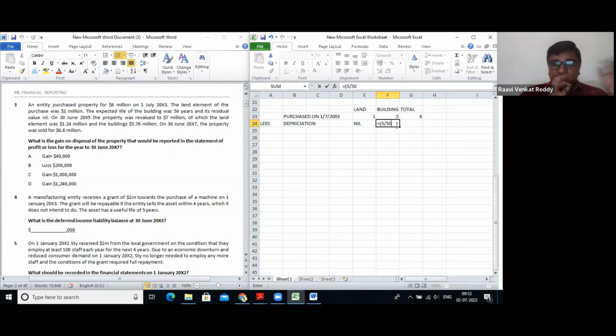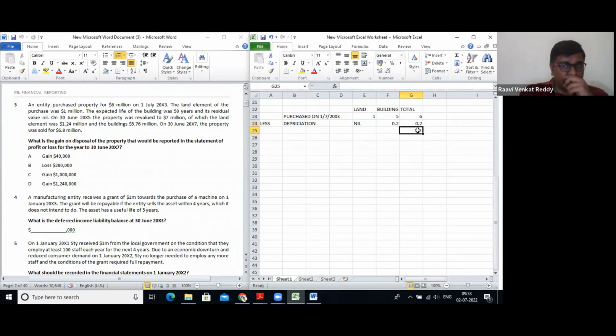So 5 million divided by the life of the asset, 50 years, and I will be charging the depreciation for 2 years. So 5 divided by 50 into 2, I hope it is clear. Then I got a depreciation of 0.2.